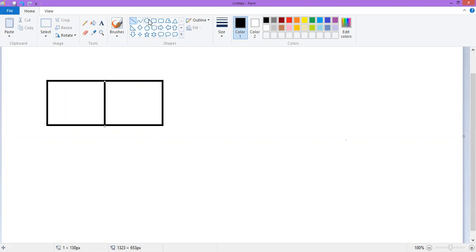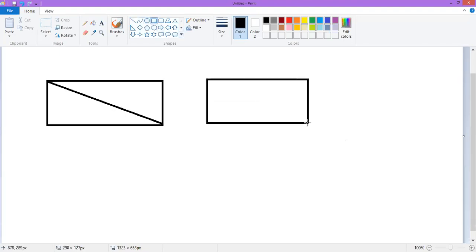Now I'm going to draw one more rectangle. Sorry, I need to divide it diagonally because in the book it is divided diagonally. This is divided into 2 equal parts. Now there is another rectangle and I will divide it into 4 equal parts.